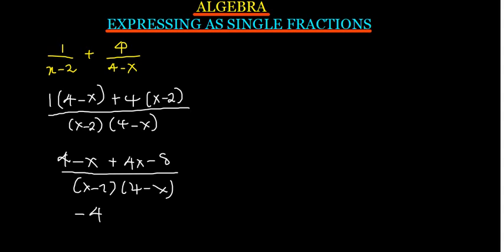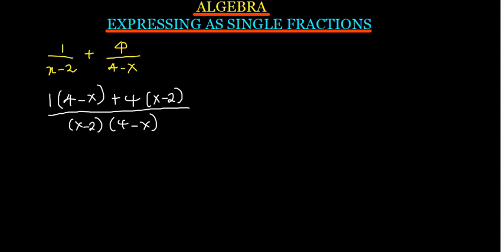And then we also have negative x plus 4x, which is the same as 4x minus x, which is positive 3x. And then in the denominator, we have x minus 2, then 4 minus x. So this is the simplified form of this question, and that is how you express it in its simplest form, like that. So we have made it a single fraction.